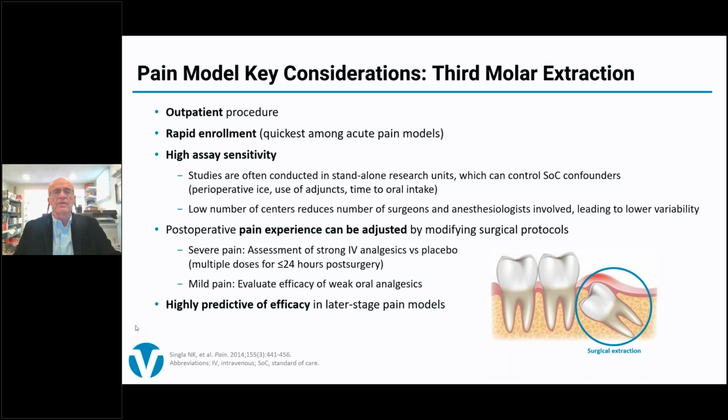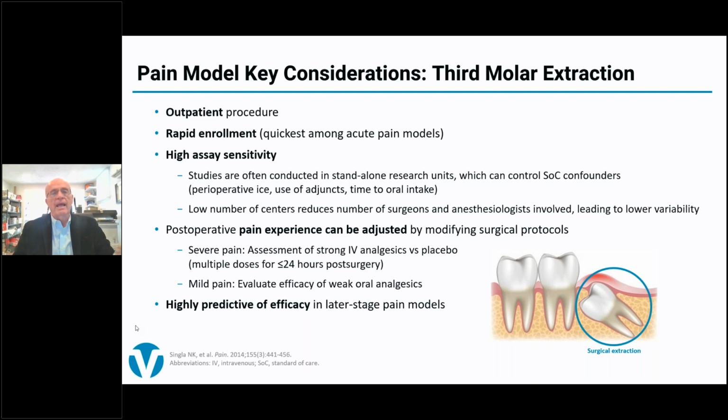One of the strengths of this model is rapid enrollment. It's the quickest among all of the acute pain models, and it has very high assay sensitivity. It's been demonstrated over and over again to have very high sensitivity, but it has to be matched, as I just said on the previous slide, to the potency of the drug.